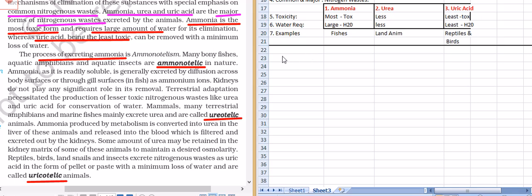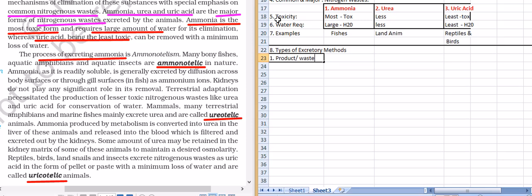So let's make notes. The topic heading will come as eighth: types of excretory methods. Next, in that, the first one is the product, what type of product it is releasing.